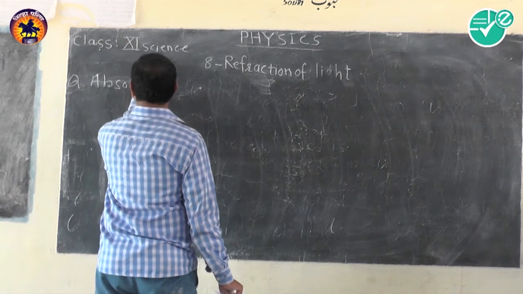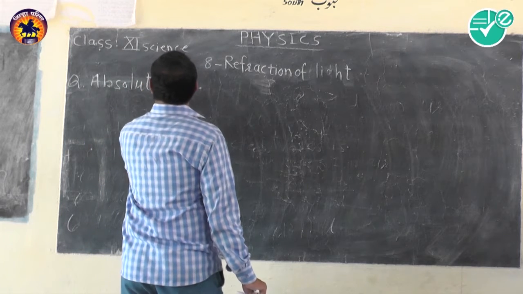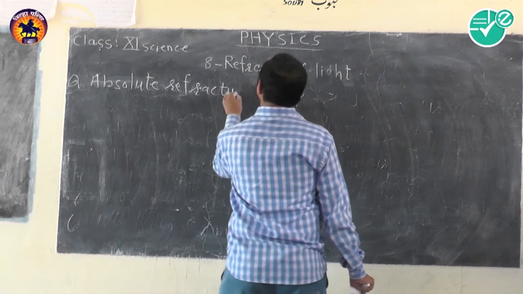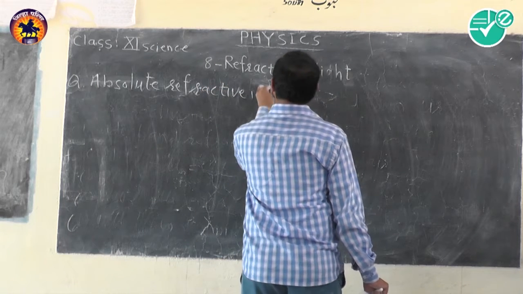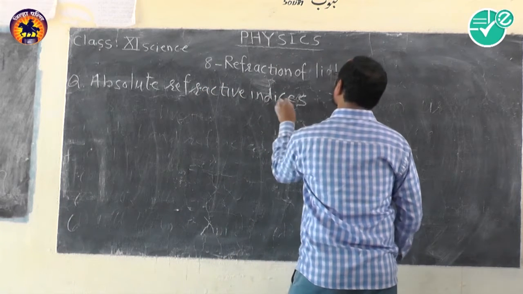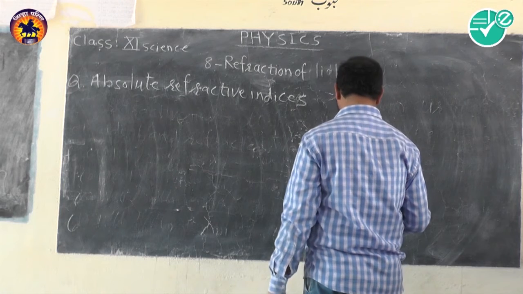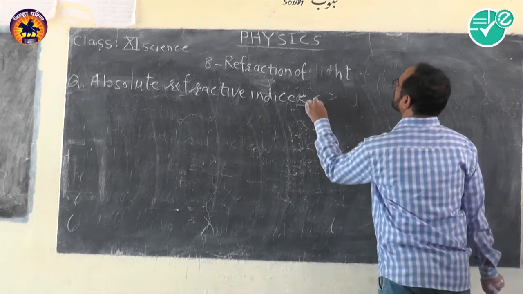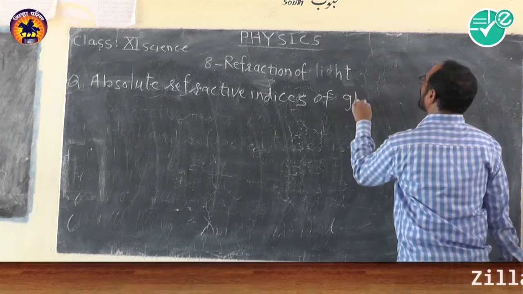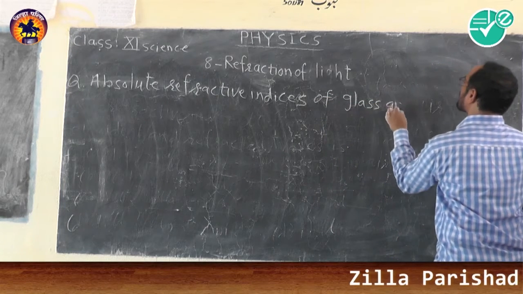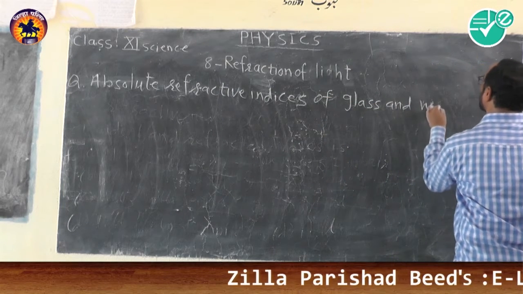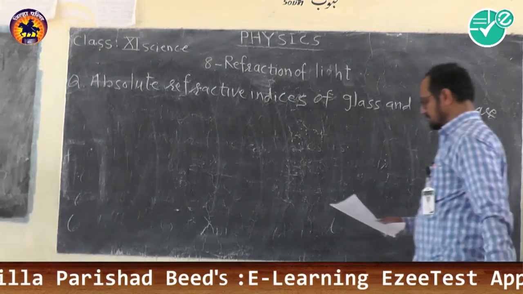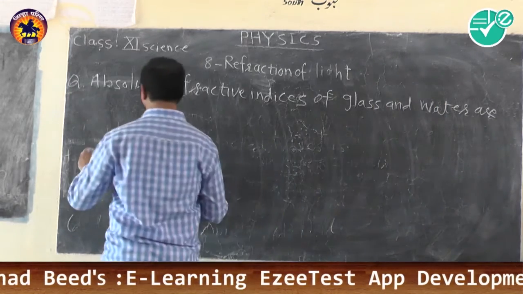The absolute refractive indices of glass and of water are 3/2 and 4/3.